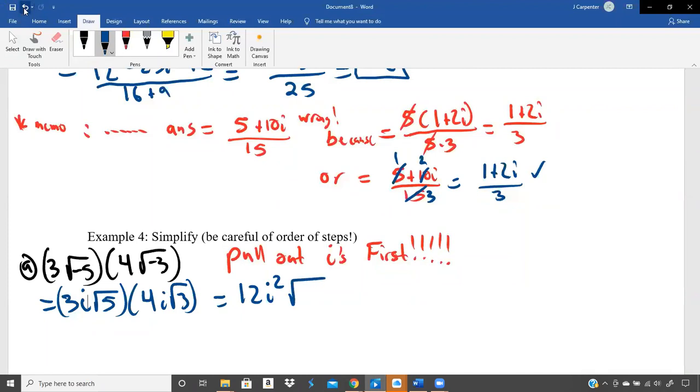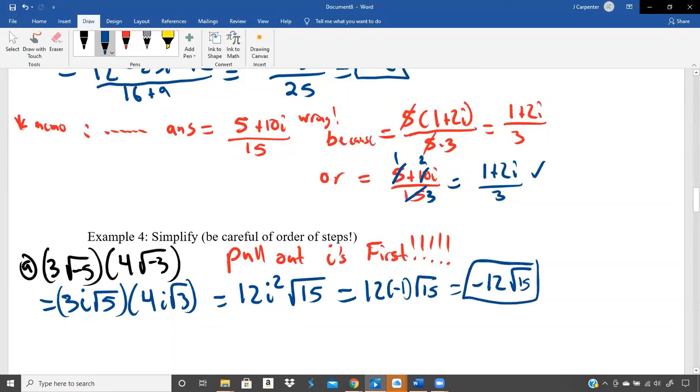Then we have our square root. Now multiply the insides. 5 times 3 is 15. Now, if you can simplify this square root, simplify it, but we can't. But this isn't done because i squared is equal to negative 1. So that's 12 times negative 1 times the square root of 15. But that should just be written as negative 12 square root of 15. This is the answer.